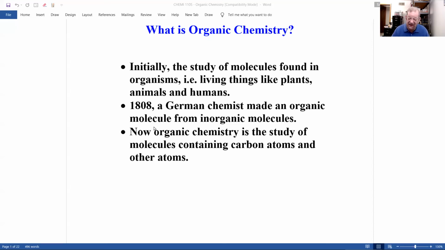And that means you have to change what is organic chemistry. Now organic chemistry is the study of molecules containing carbon atoms and other atoms, mainly hydrogen, oxygen, nitrogen, and other things too, but mainly those.